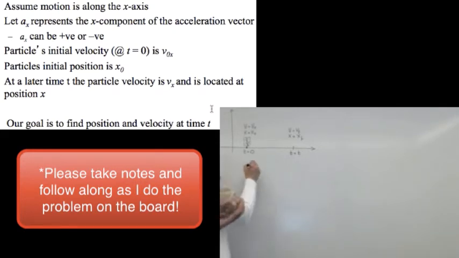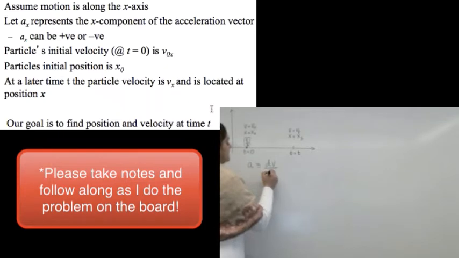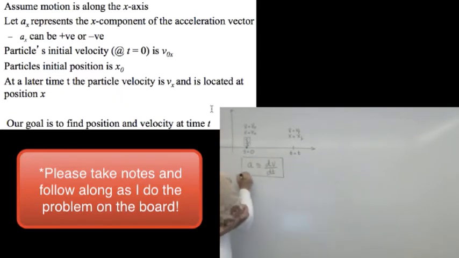Well, I absolutely know that instantaneous acceleration is defined as delta v over delta t. Okay? That I know. Now, how can this help me? Well, I know calculus and I know derivatives. So in order to find the first equation of motion, I can simply take this to the other side, right?